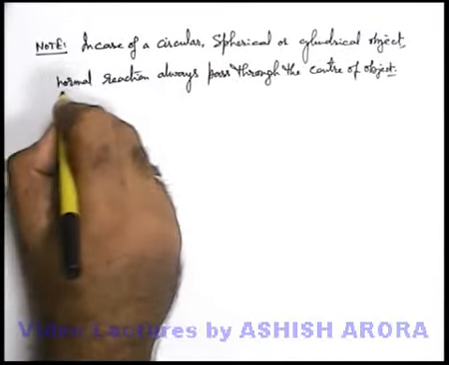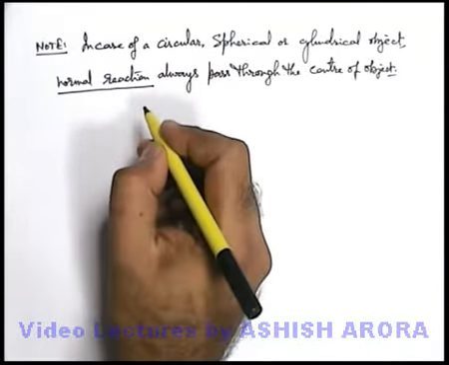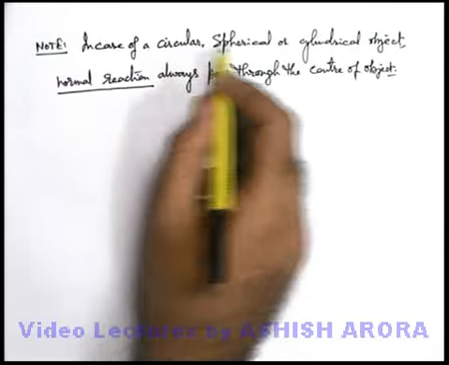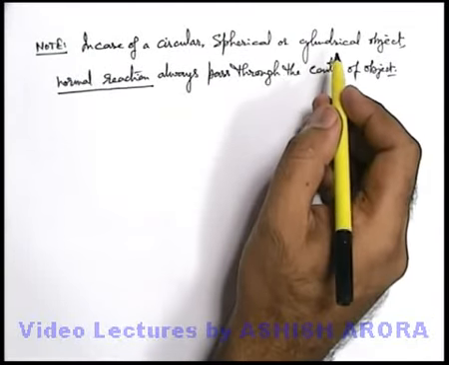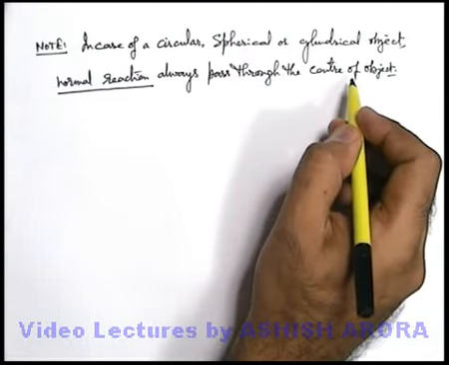As we have studied, normal reaction always acts in the direction perpendicular to the surface. So in case of a circular, spherical or cylindrical object, at any point if we draw a normal, it must pass through the center of the object.